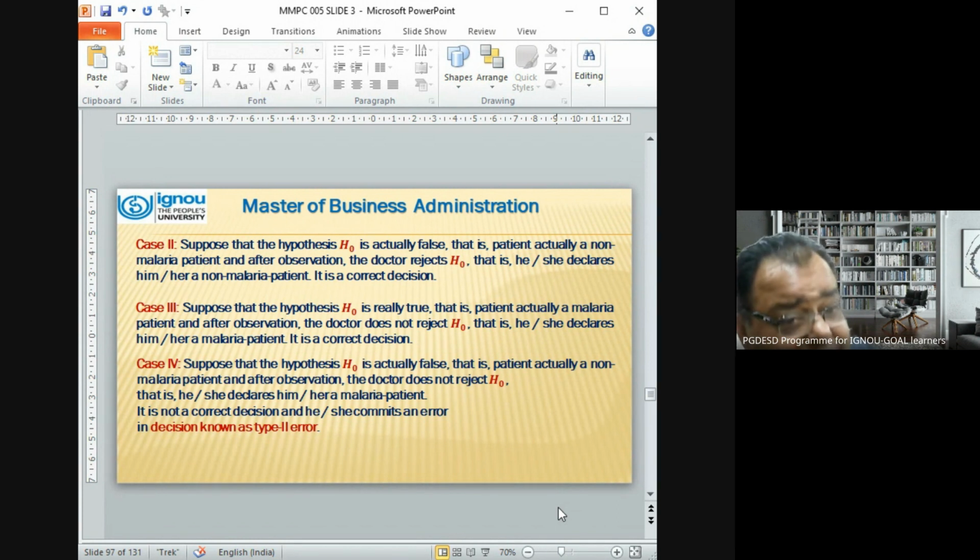If you accept that you are a malaria patient, then the original hypothesis is accepted. So that is why these four cases are generated, and what is meant by type 1 error and type 2 error has been discussed. One should be aware of this, because this concept is used in decision making.